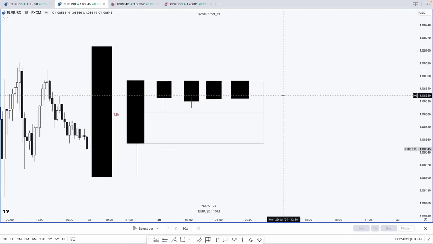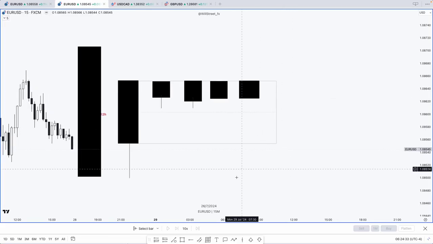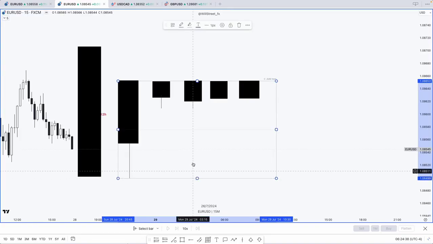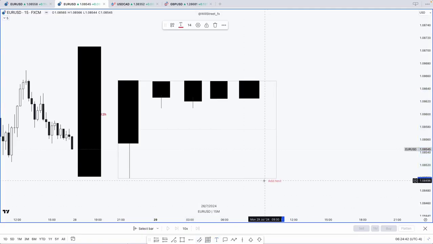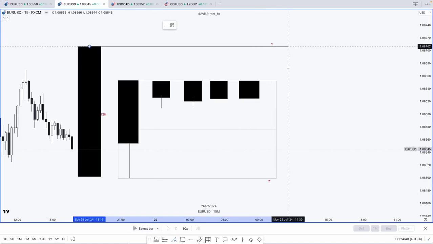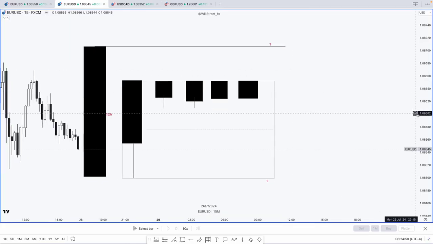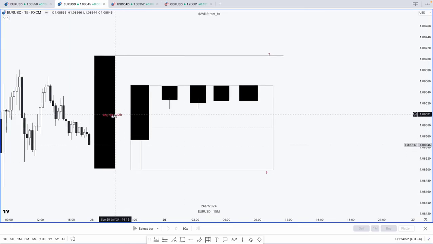Okay, so where is the down liquidity now? This one or this one? Think. Okay, the answer is this one. Why?